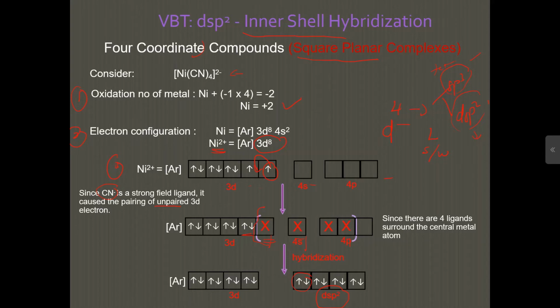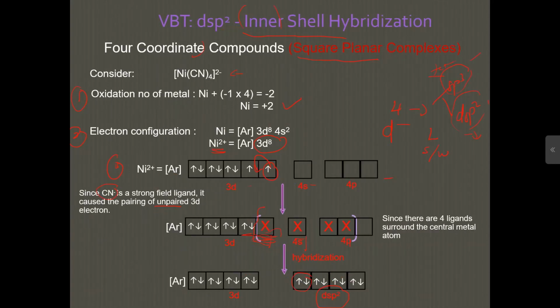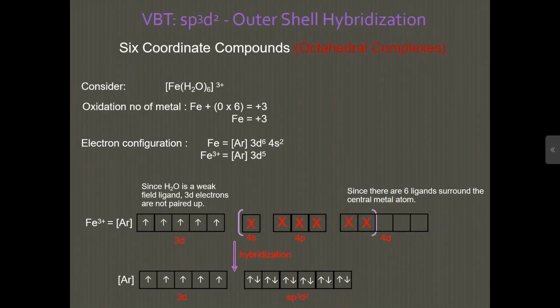Why is it called outer, and why is this one inner? As I can show here, it is called inner because it hybridizes the inner orbitals from the d orbital, compared to sp3 outer, which just hybridizes the outer orbitals. That is the difference between outer shell and inner shell hybridization. Next we are going to look into 6-coordinate compounds, either sp3d2 or d2sp3.